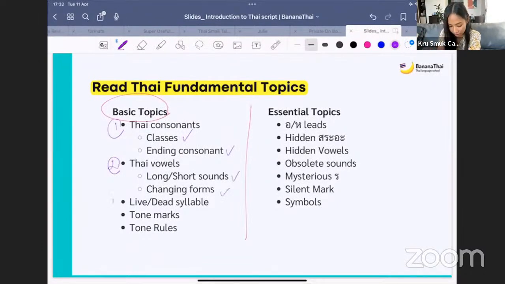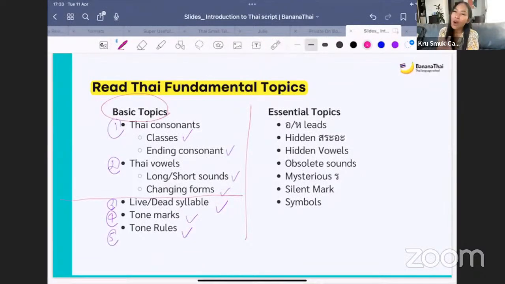Third one, live or dead syllable. Fourth one, tone mark. And fifth one, tone rule. Actually, you already know how to read words just right here, consonants and vowels. But not yet effectively because you don't pronounce it correctly without the correct tone.